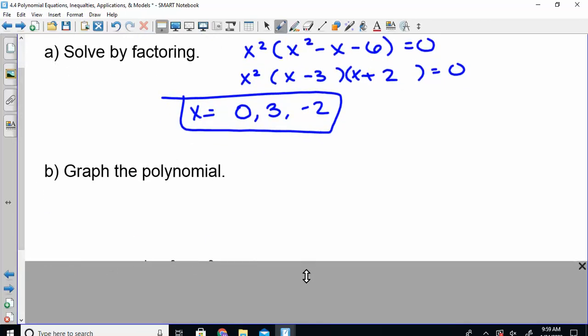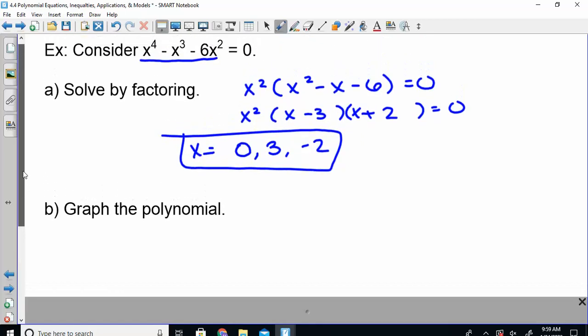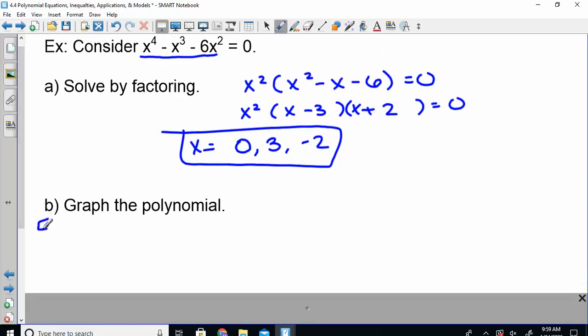So we're probably not going to graph on all these problems today, because that's stuff we have been doing, but I thought we'd do a couple, just to refresh on a Monday. What's the degree on this original one? 4. What was our end behavior going to be? Our zeros are the numbers we get out.